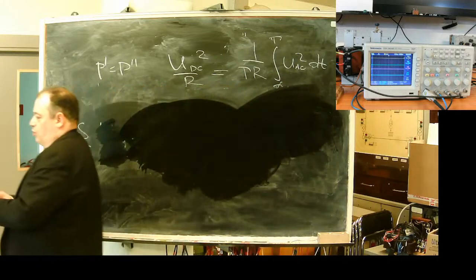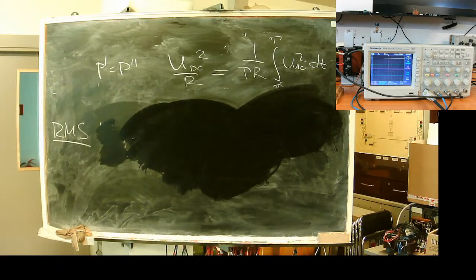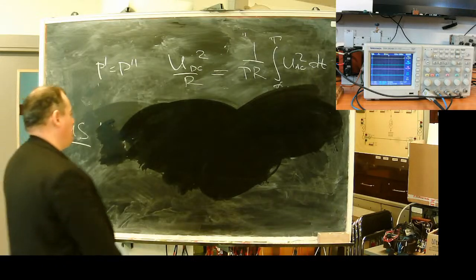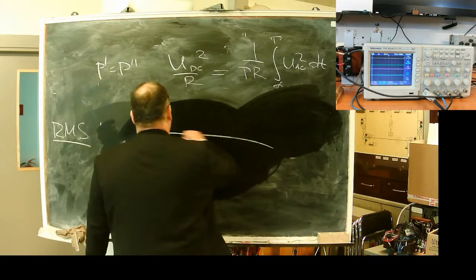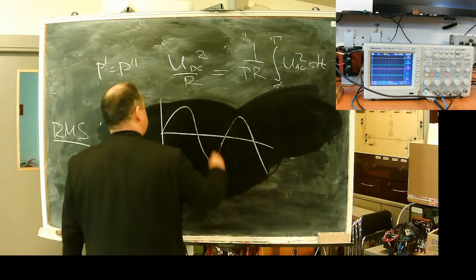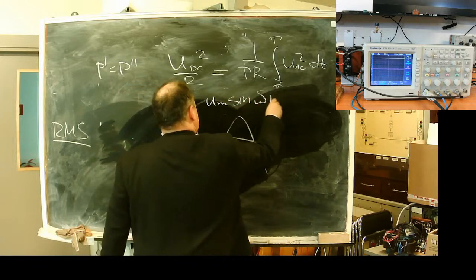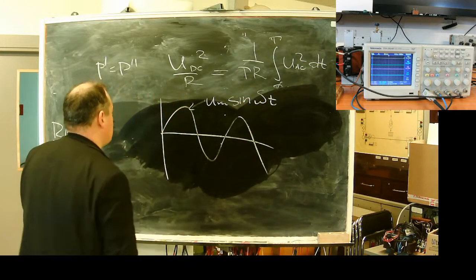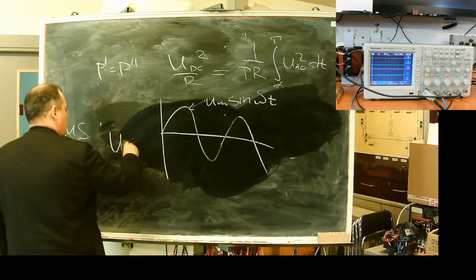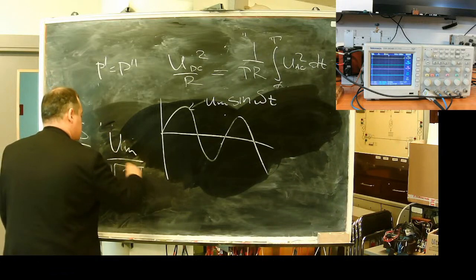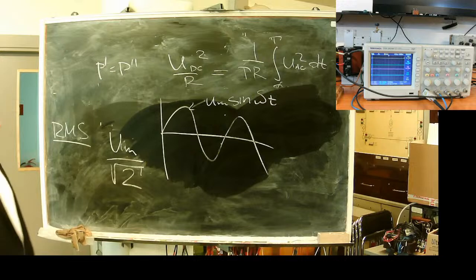For sine or cosine, integration gives absolutely no problem. So if you have a voltage like sine ωt, its RMS will be the amplitude divided by the square root of 2.